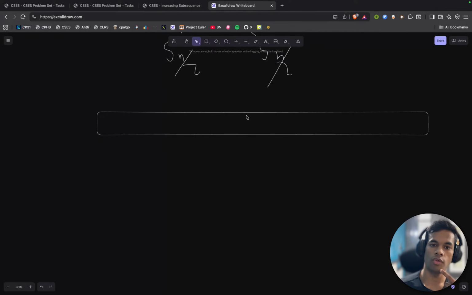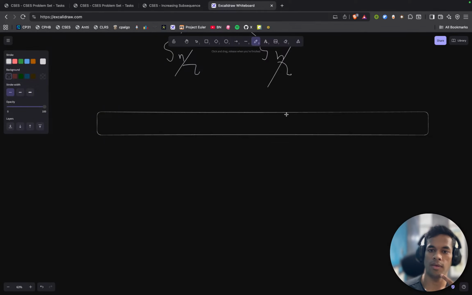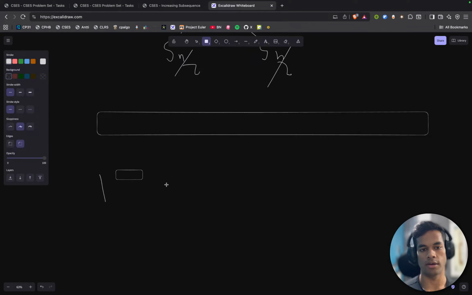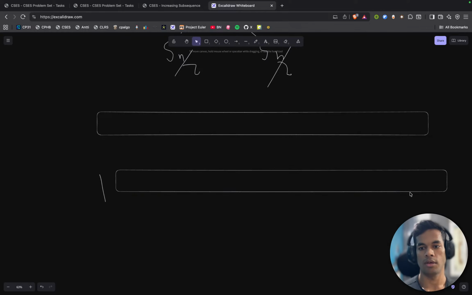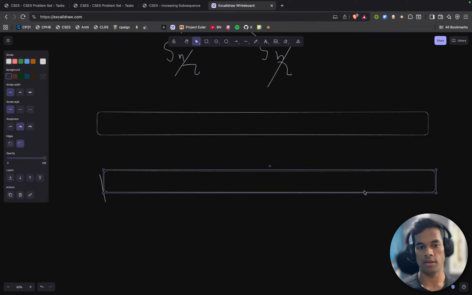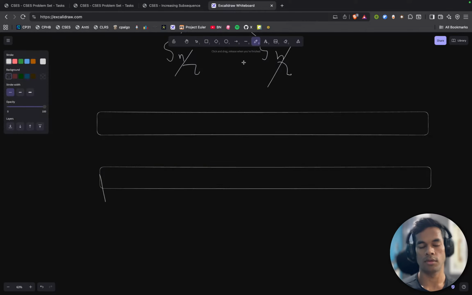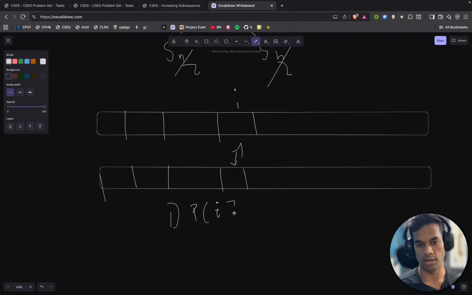Because, let's say, I have another vector, a dp array, which has a bunch of numbers same as this, and for each corresponding number in these two I will have dp i.